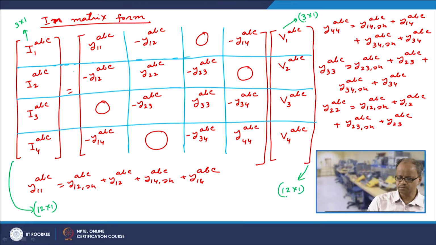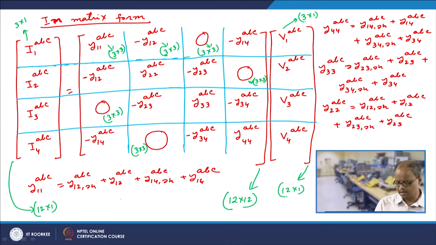Here all these matrices are 3 cross 3. Please note that all these zeros are actually 3 cross 3 null matrices. So this is 12 cross 12.